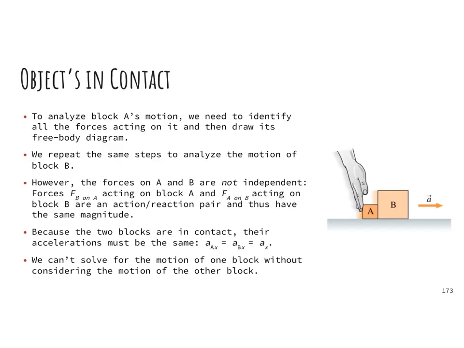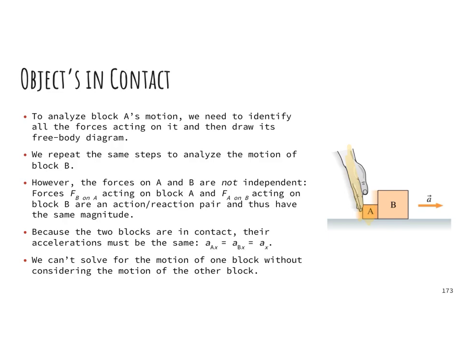Here is an example: a hand is pushing box A. To analyze A's motion, we have to understand all the forces acting on it. A is being pushed on by the hand.